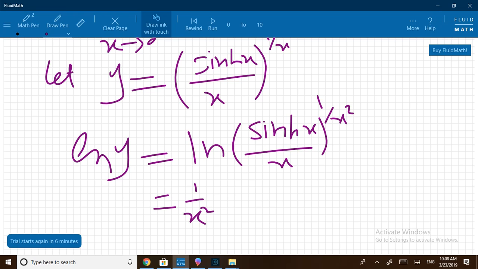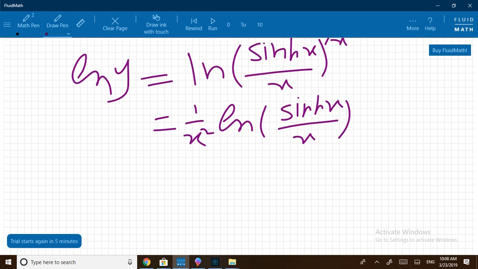Then natural log of sine hyperbolic x divided by x. So this is equal to natural log of sine hyperbolic x, and this is of course 0 divided by 0 form, natural log of x.